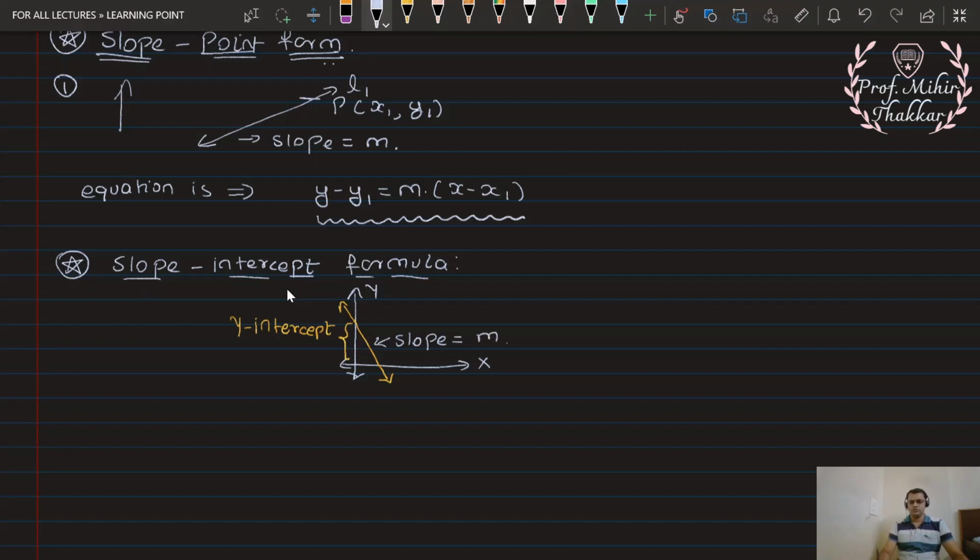If this is known, we assume that the y-intercept is denoted by c. Then in such a case, the equation is y is equal to mx plus c.